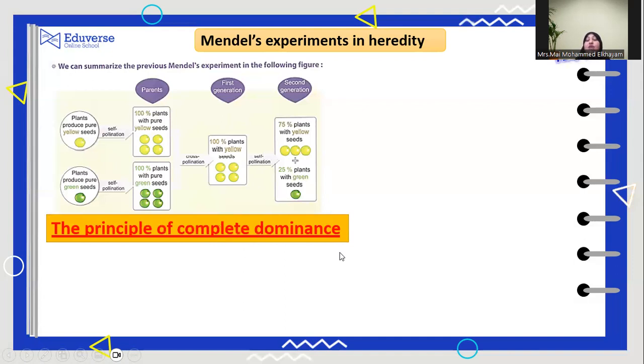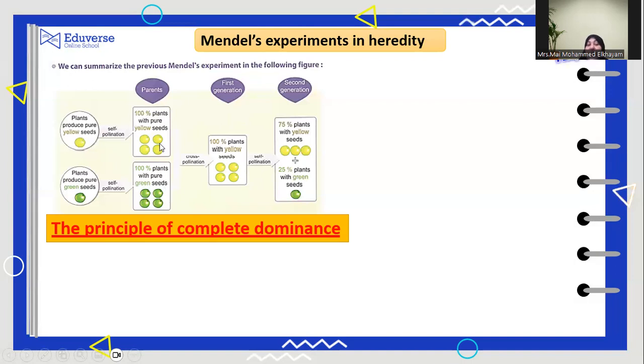What is the meaning of dominant or recessive? From his experiments, he concluded that some traits or genes are dominant, dominating over the other genes. In this example, the yellow seed color dominates over the green seed color.